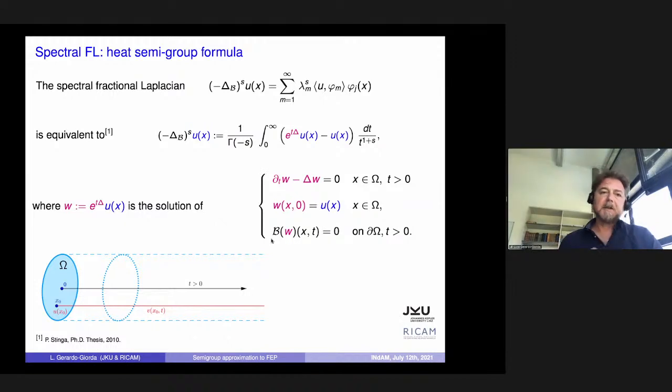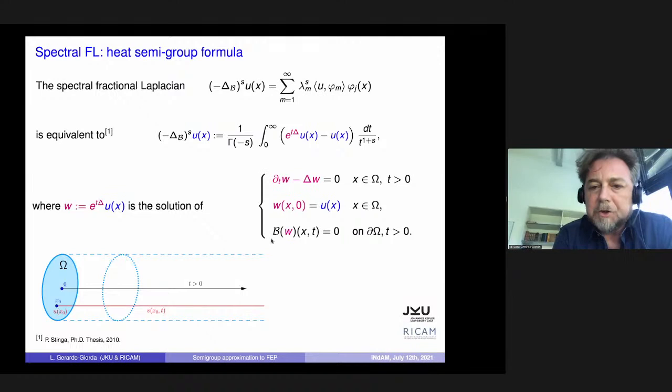The spectral fractional Laplacian is equivalent in a bounded domain to a heat semigroup formulation. The action of the fractional Laplacian of order s over a function u can be computed by solving a heat equation whose initial condition is u on the domain we are interested in, and where the boundary conditions are transferred to the heat equation.